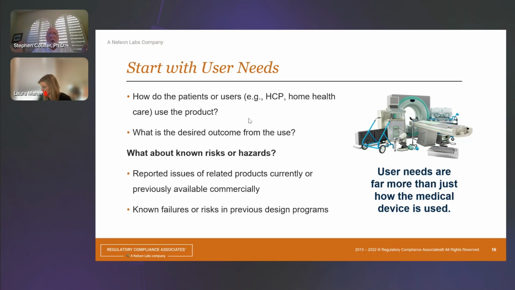You have consensus standards from regulators, from public health groups. So anything that has to do with the things that should be considered during your design, those are all part of your user needs. And what are they all based on? They're all failures or risks from previous designs that have to be considered. So we make sure we make a good product out of this.